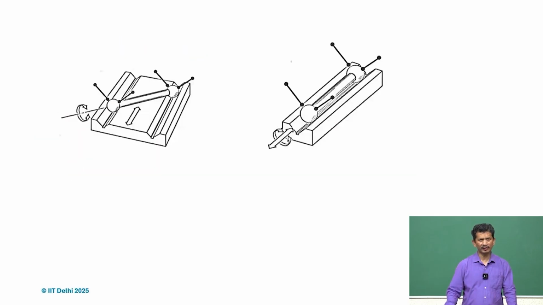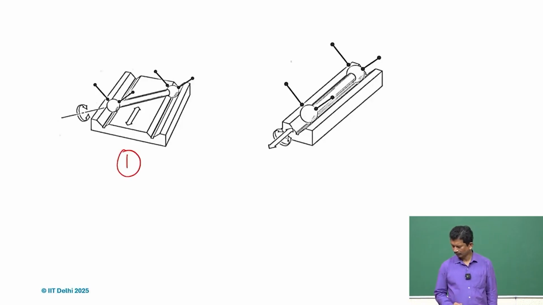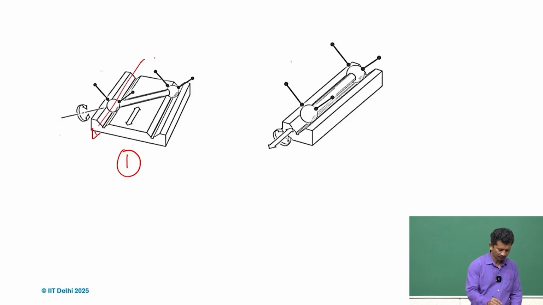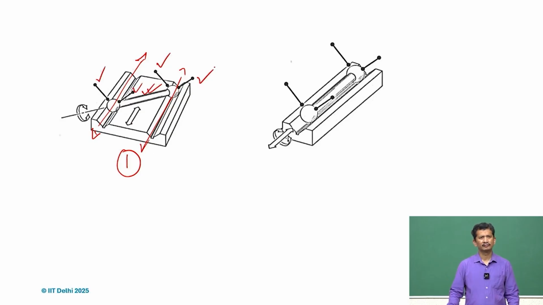So, we will see some examples here. First case, here what we see is we have two V grooves defined, and the V grooves are parallel, and then we have this object. So, what we have defined is this constraint. A ball on a V gives two constraints.